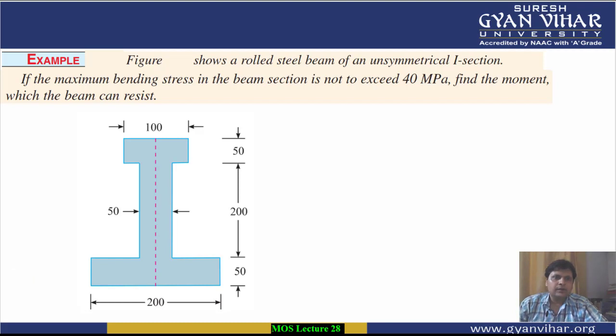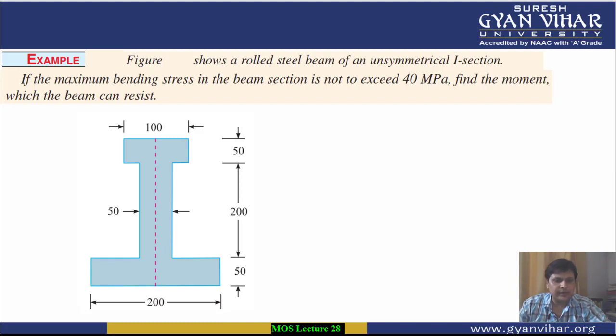Let's read this numerical. This figure which you are seeing is showing a rolled steel beam of an unsymmetrical I section. Now if the maximum bending stress in the beam section is not to exceed 40 megapascal, then we have to find the moment which the beam can resist.